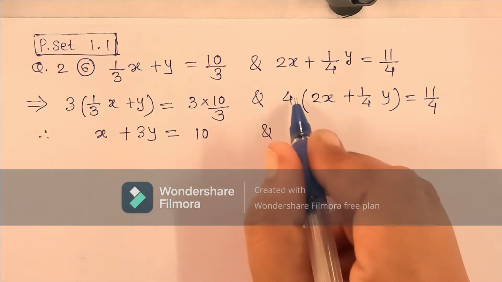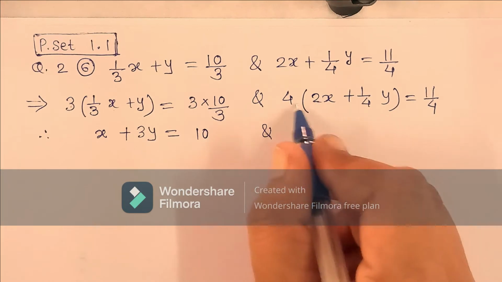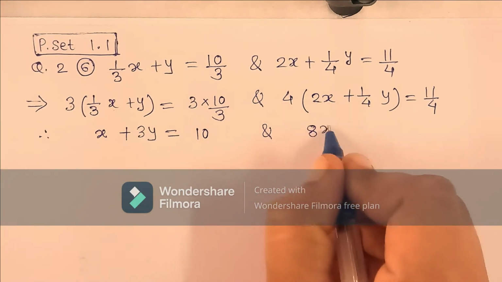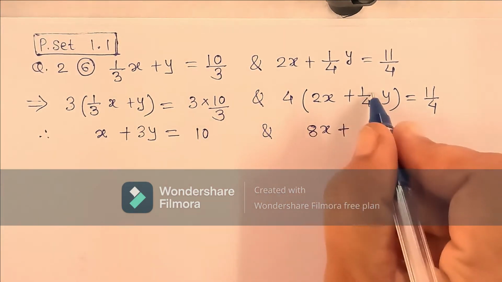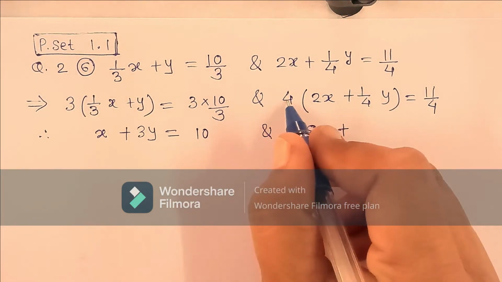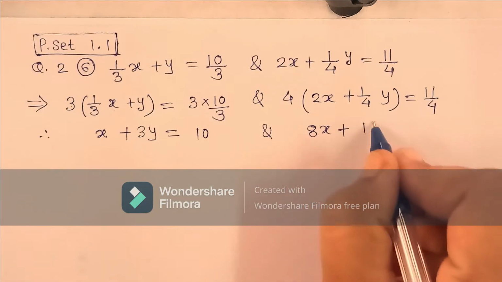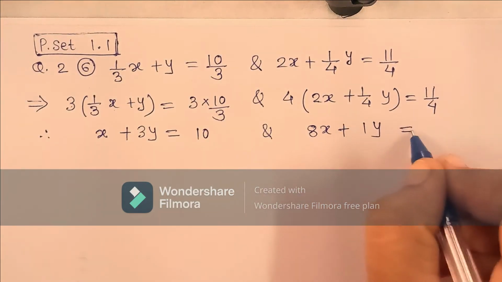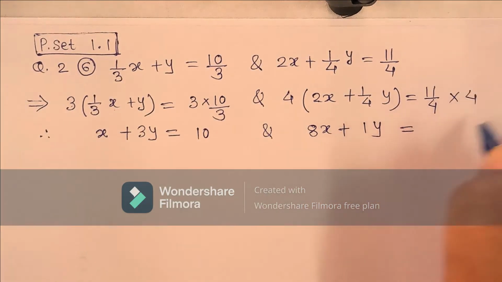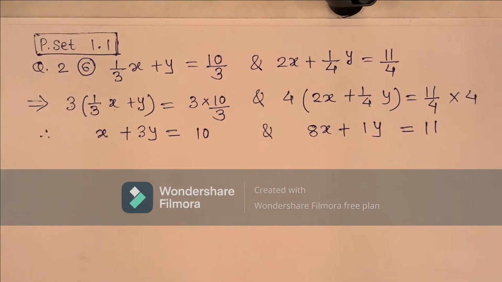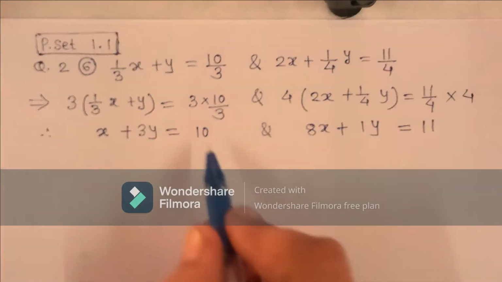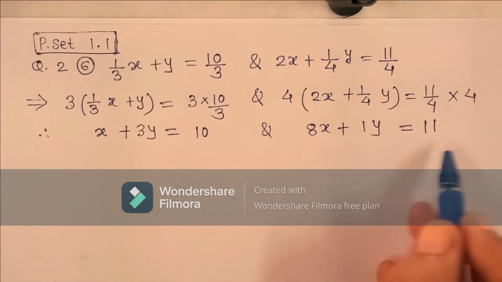And here 4 2s are 8. 4 into 2x, that is 8x plus 4 into 1 by 4y. Here this 4 will get cancelled. Simply it will be there 1y is equal to, here into 4, 4 will get cancelled. So here you can find two simple linear equations.